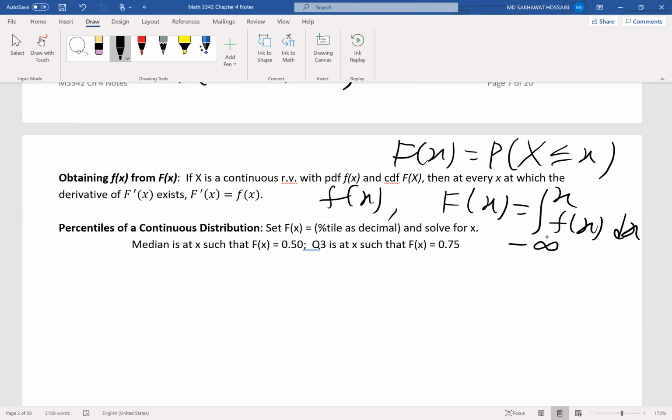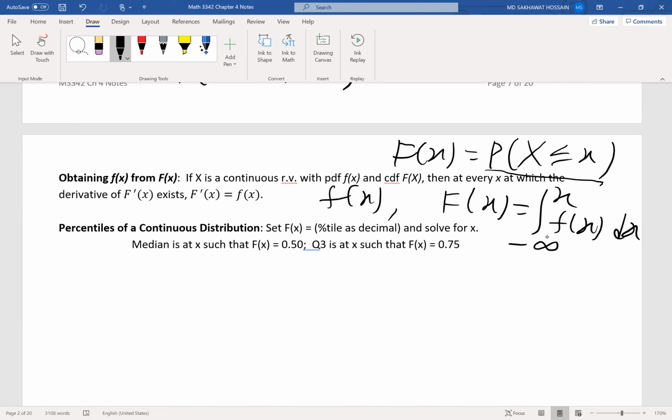And we already know the definition of this probability for the continuous case, which is the integration of the density function from negative infinity to x. So this is the CDF.